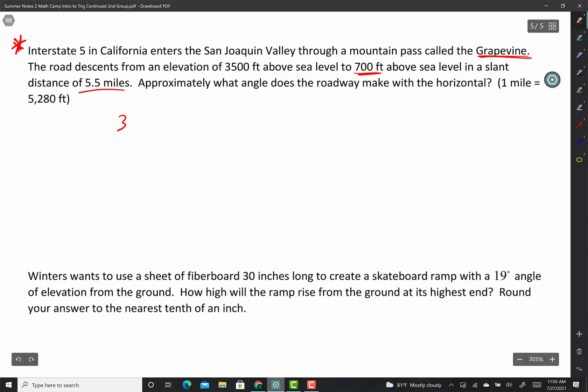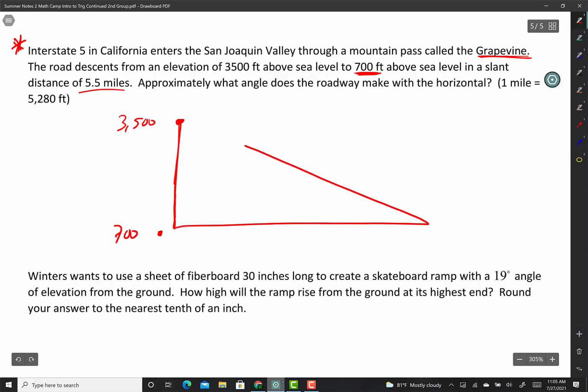I like to make little pictures, so I write 3,500 and I put a point, a vertical, and I know that my vertical displacement, I went down so many feet and I got to 700. So right here at that moment, I'm at 700. So I know that I got to find the difference of that, and we'll find it right now. And here's my right angle, and this road, and I know it's not a perfect slant, but I'm going to say that road is 5.5 miles like that.